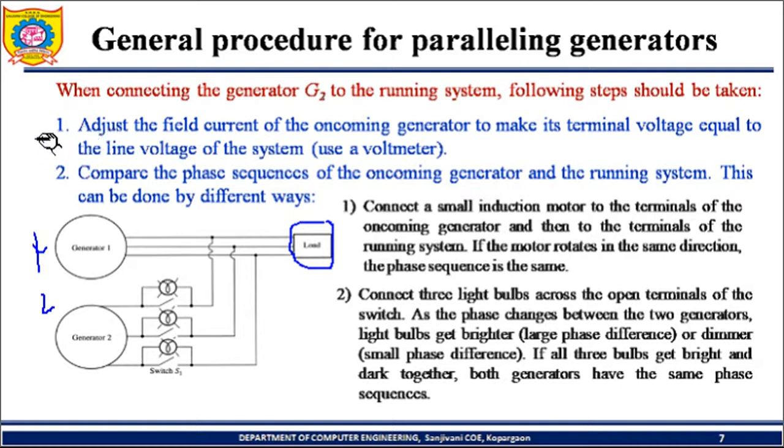The first step which we follow is to adjust the field current of the incoming generator to make its terminal voltage equal to the line voltage of the system.